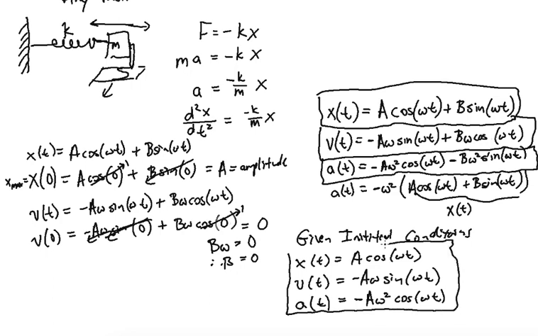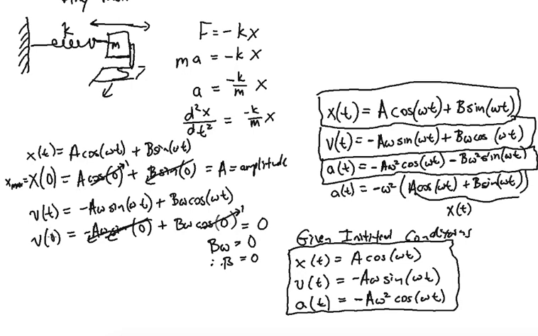Now you have to be careful, because there are initial conditions that all depend on where you look at the start. So imagine instead of me starting with it displaced, let's say I walked up and right when I first started looking at it, it was at equilibrium and it was already moving, headed to the left. In that case, I would do something very similar, except x of 0 wouldn't be equal to the amplitude, it would be equal to 0, in which case A would have been 0, and the cosine would go away.